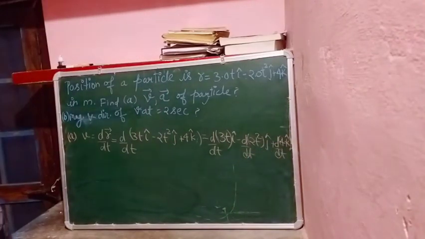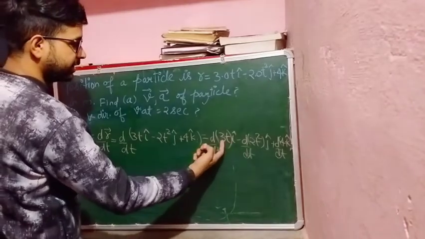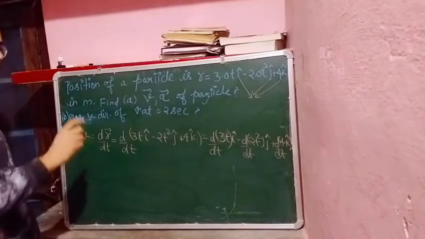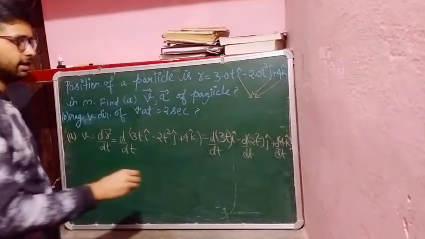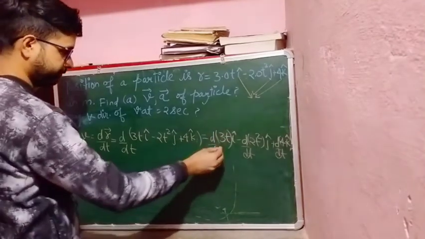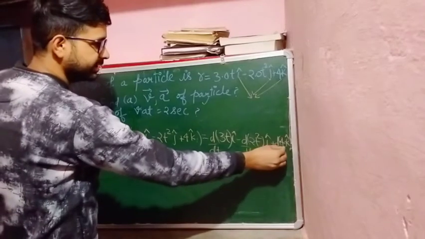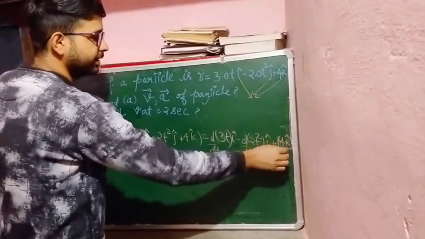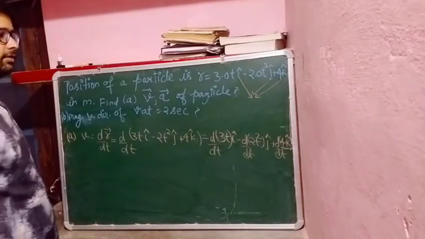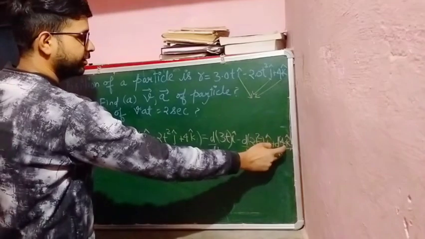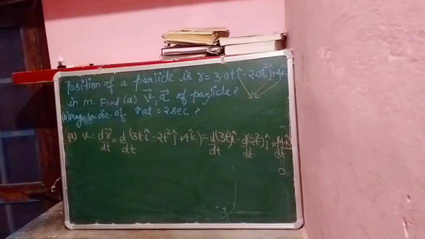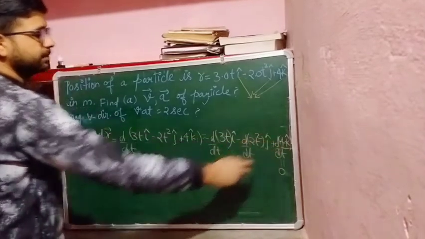As we have seen, in 3t, 3 is a constant which will come out of the differentiation. i, j, k are the unit vectors, and they also come outside of the differentiation along with the constants. Here in 4 there is no variable, it is only a constant, and the differentiation of a constant becomes 0. So the third part, the k cap in the z direction, becomes 0.